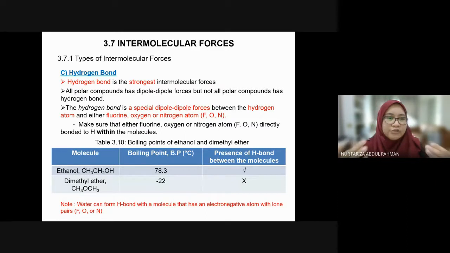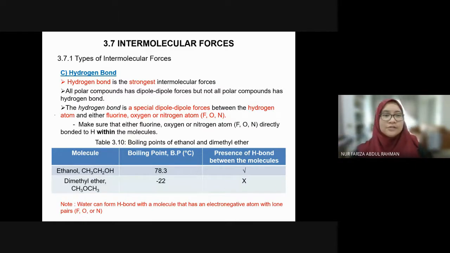There are other rules that you have to know in order for the hydrogen bond to form. The reason it's called hydrogen bond, not hydrogen forces, is because this hydrogen bond is the strongest. Dia kuat compared to the other forces just now. Dia kuat almost macam jadi bond lah, but it's not a bond, it's forces between the molecules.